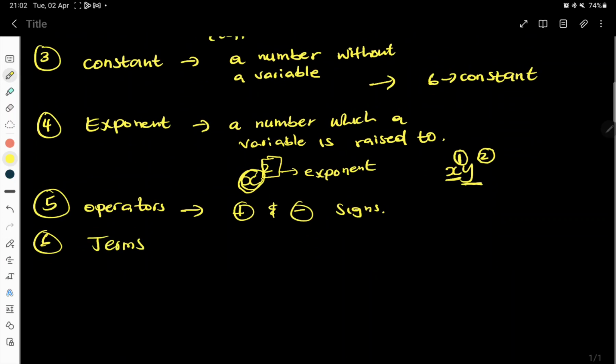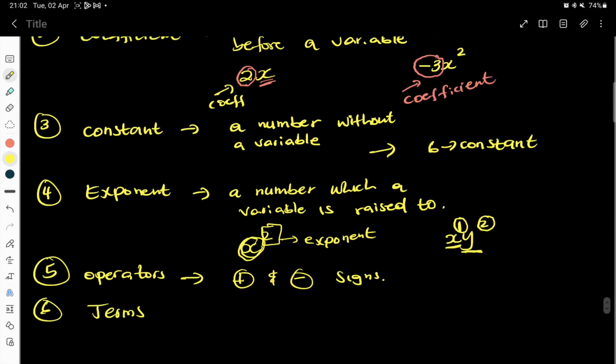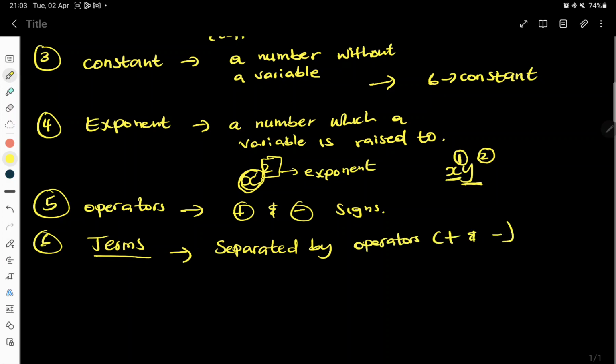Remember I mentioned when I started to say terminology, I wanted to use the word terms, but it will confuse you. Now, terms. What are terms? You can see terms by the separation. They are separated by operators, by your pluses and your minus signs.